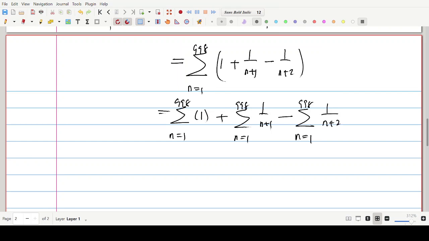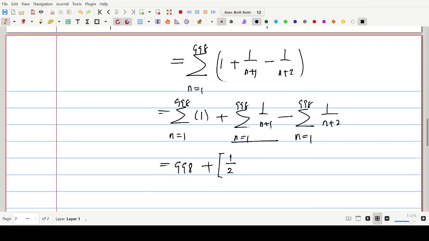All right. So in this scenario, the first term, the result of this means you're adding 1 until you get to 999. So in that case, our result for it becomes 998, plus. Now let us express this one in series form. On expressing it in series form, we have our result as 1 over 2.